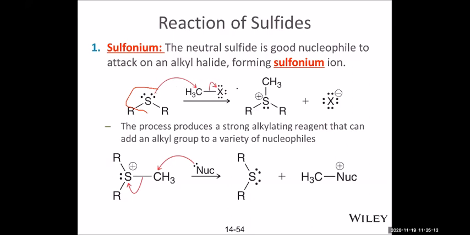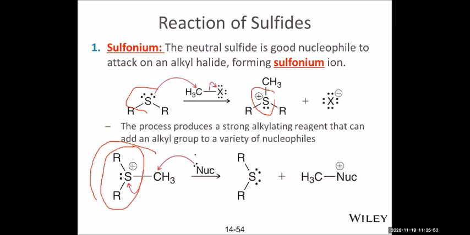In the SN2 reaction, sulfur uses its lone pair to form a bond. Sulfur ends up with a positive charge, and we call this a sulfonium ion. It's very similar to a bromonium ion. This is an intermediate, because once you form it, notice this part is almost like an ether, if you replace sulfur with oxygen, which is a good leaving group.